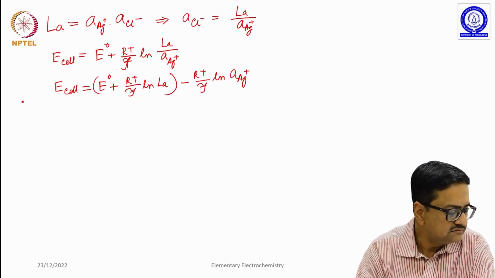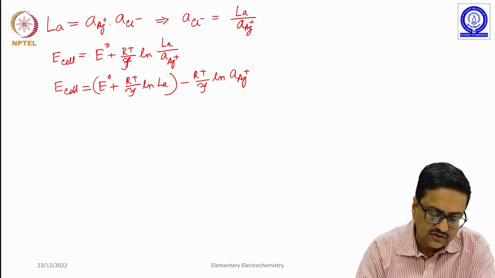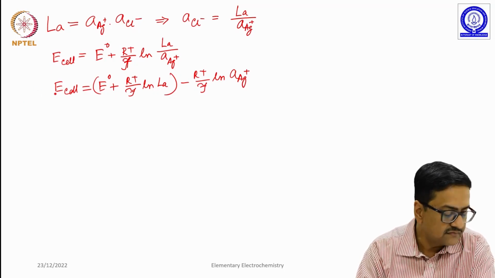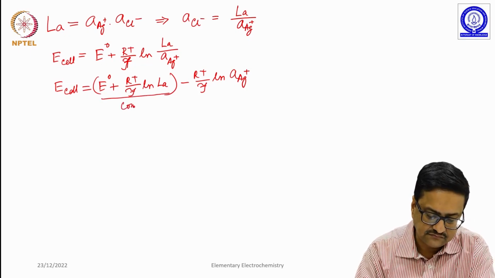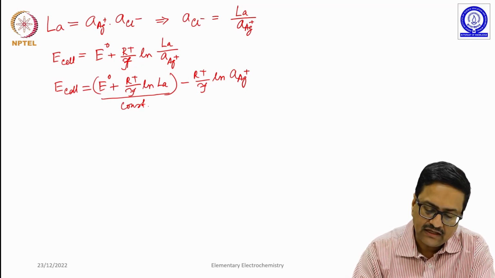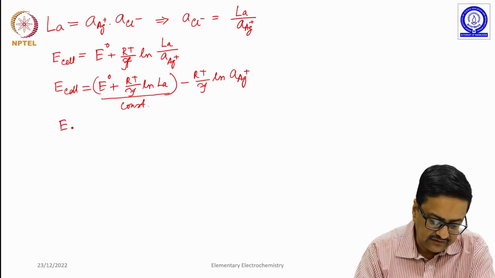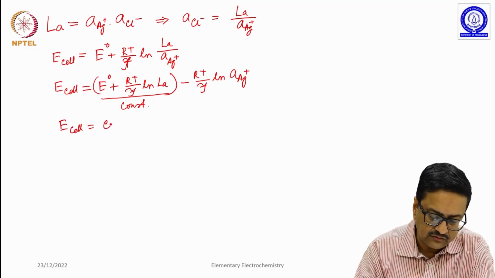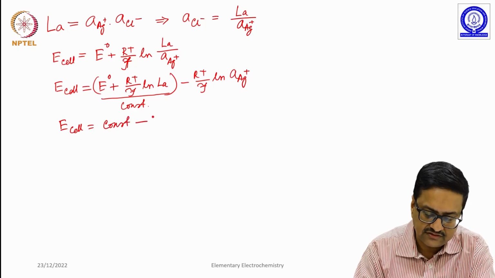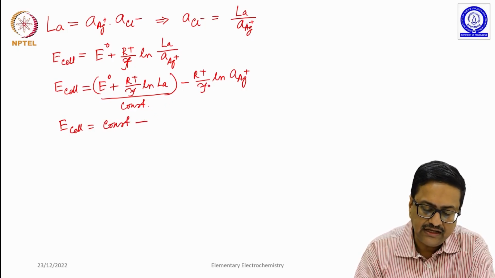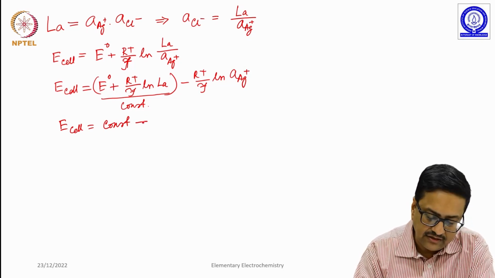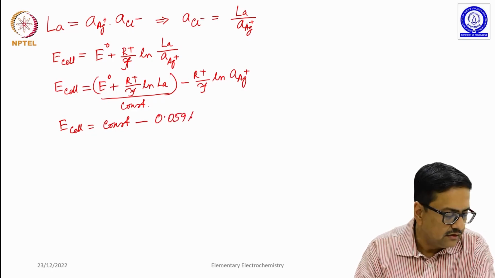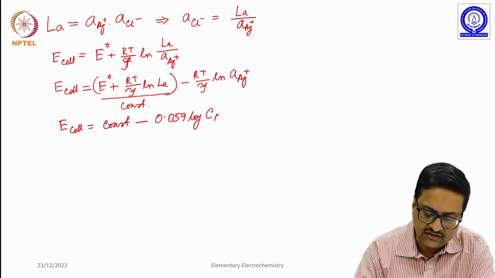So, now this term is now a constant, and one can write again E cell equal to constant minus RT by F ln can be converted to log at 25 degrees centigrade, and the value you know that it is 0.059 log of concentration of Ag plus.